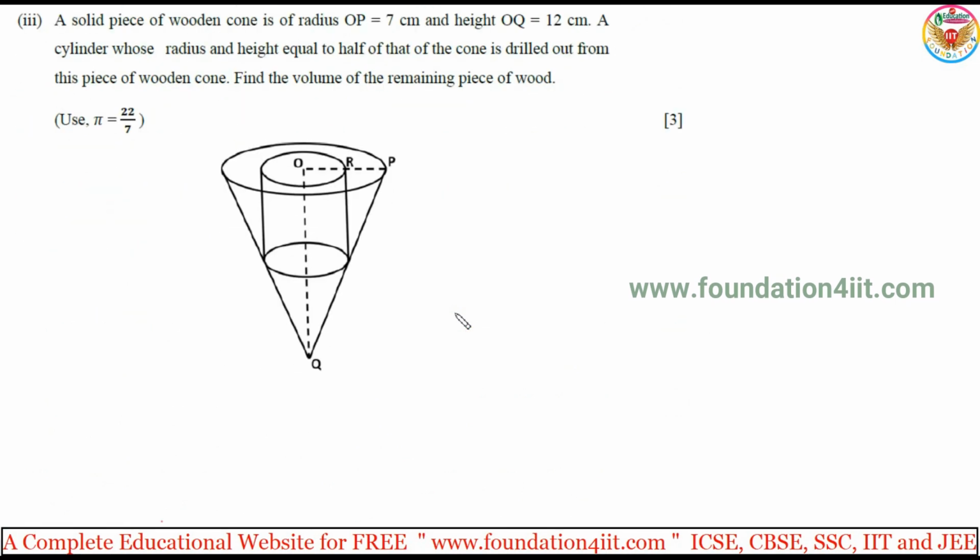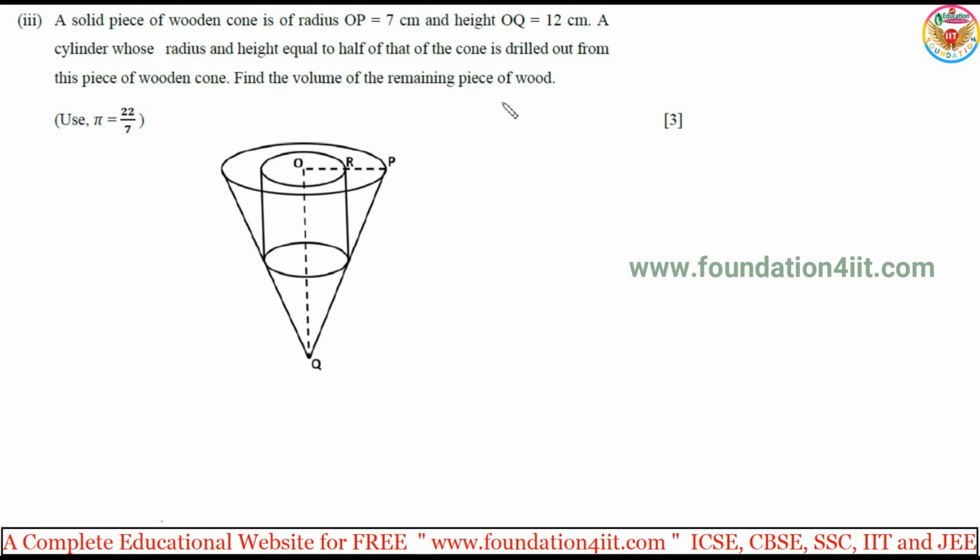Third one in this. A solid piece of wooden cone is of radius OP, 7 centimeters, height OQ, 12 centimeters. A cylinder whose radius and height is equal to half of that of the cone is drilled out from the top of the wooden cone. Find the volume of the remaining piece of the wood. Remaining piece of the wood means volume of the cone minus the volume of the cylinder.